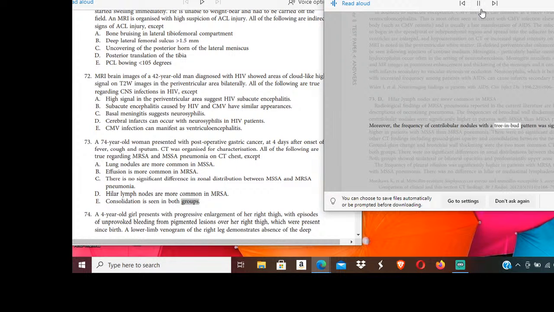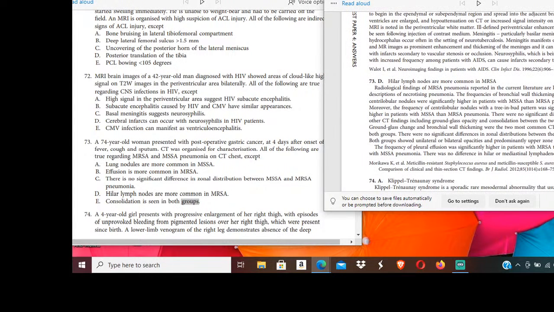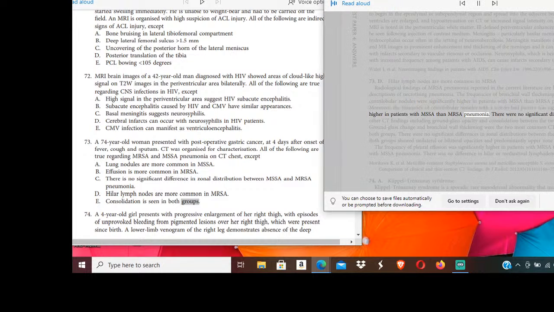Moreover, the frequency of centrilobular nodules with a tree-in-bud pattern was significantly higher in patients with MSSA than MRSA pneumonia. There were no significant differences in other CT findings, including ground glass opacity and consolidation between the two groups.